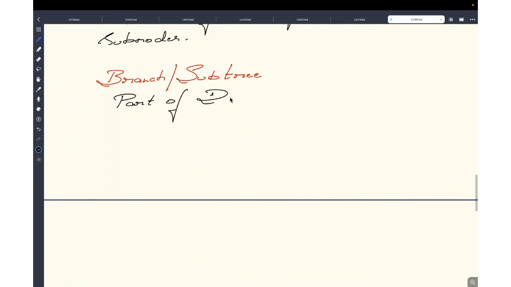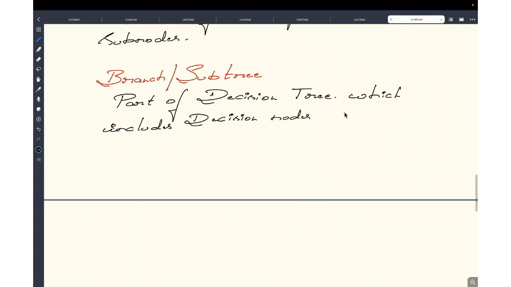It's a part or section of a decision tree which includes decision nodes and terminal nodes. Terminal nodes or leaf nodes, one and the same.